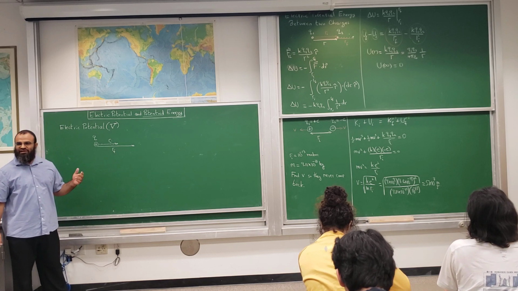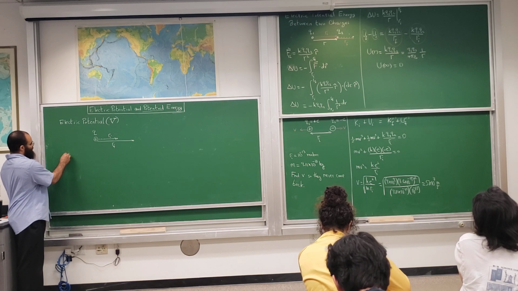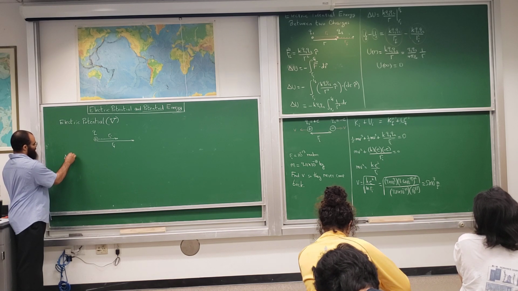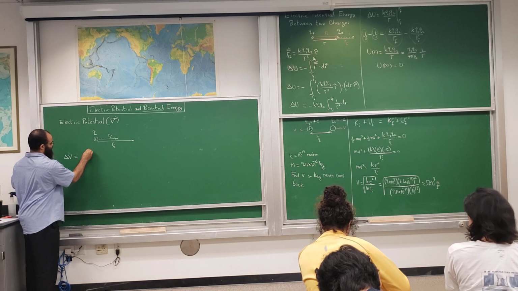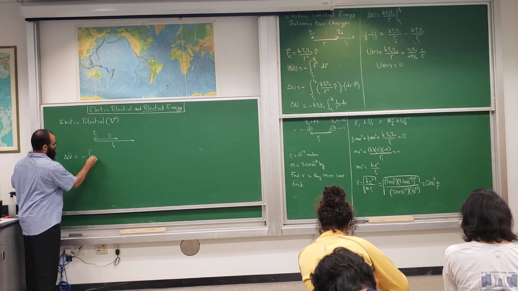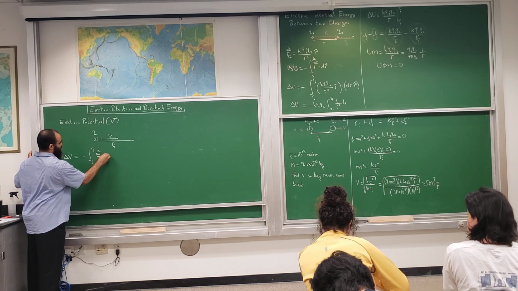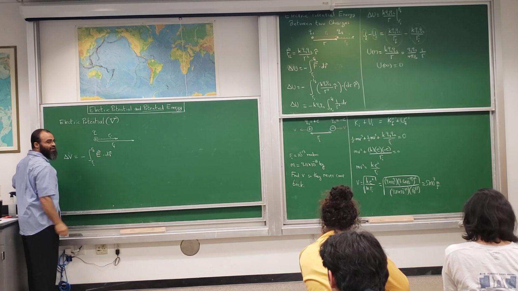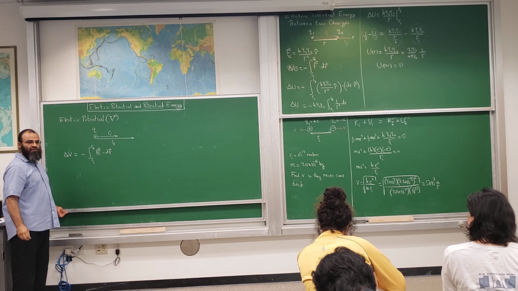What's the definition of potential difference? So let's define it. The potential difference is equal to minus the integral from R initial to R final of electric field dot dr. That's the definition of the electric potential.